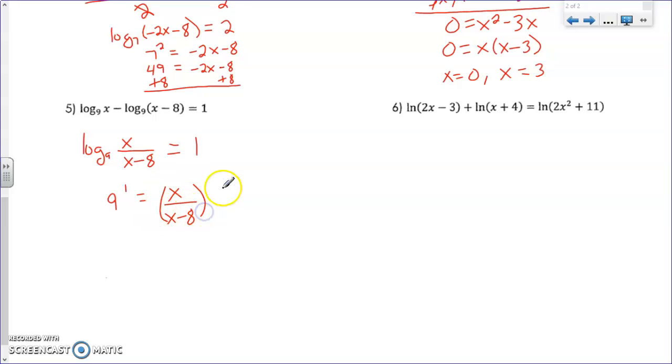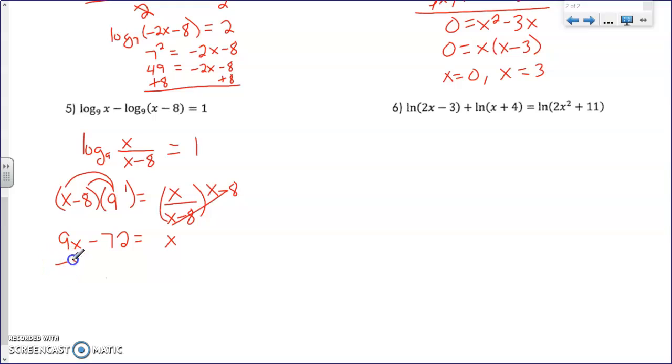Okay, so we got to solve for x. We're going to have to get this x minus 8 off the bottom by multiplying both sides by x minus 8. 9 to the 1 is just 9, so we're going to distribute that, and we get 9x minus 72. That cancels, equals x.